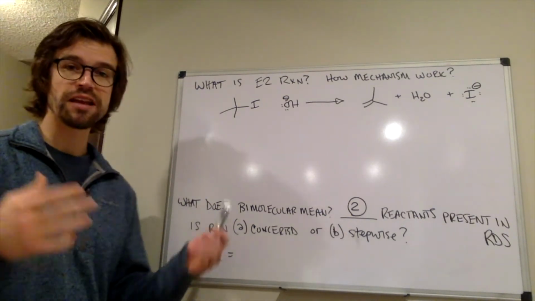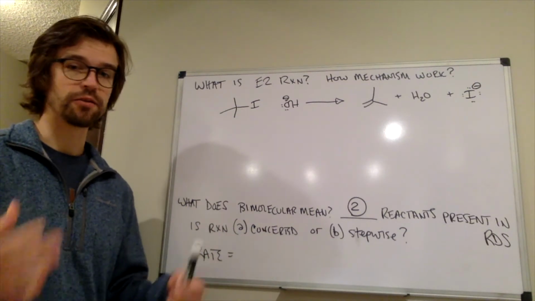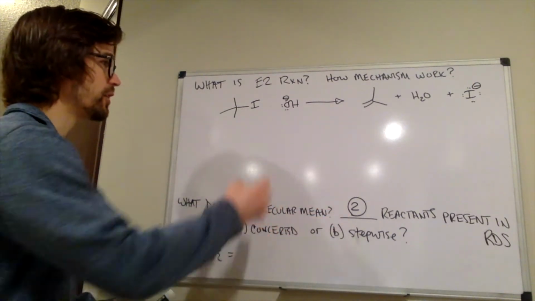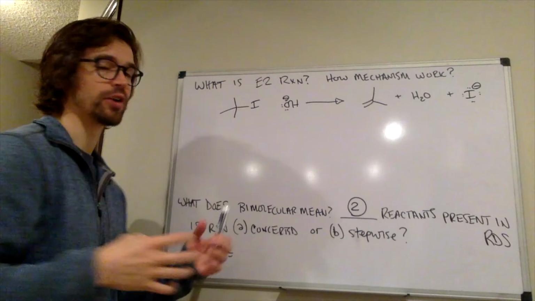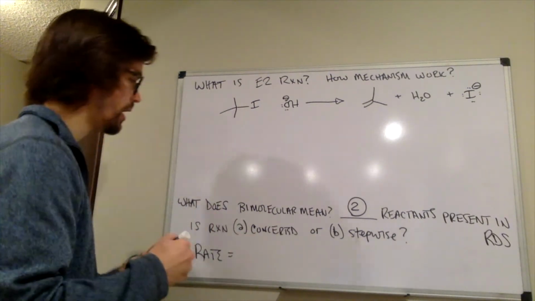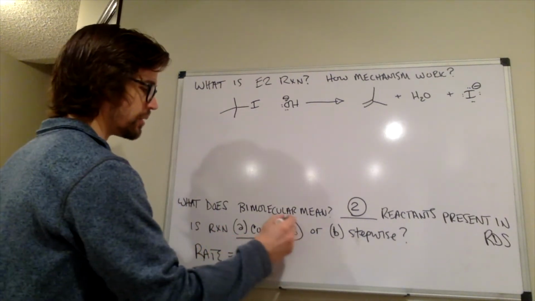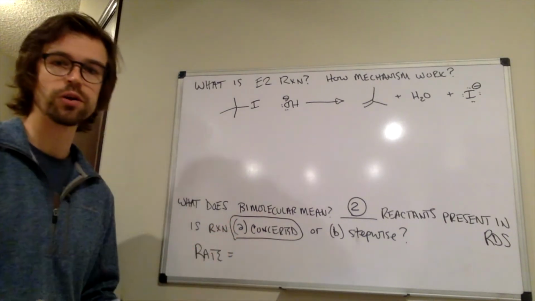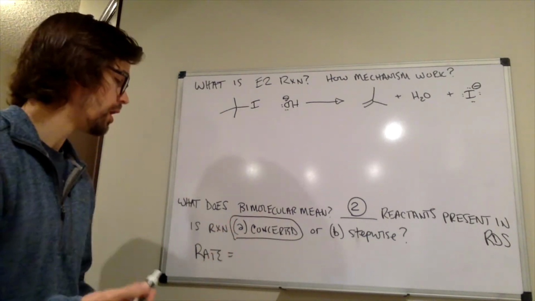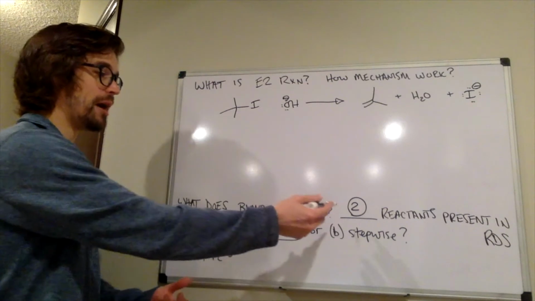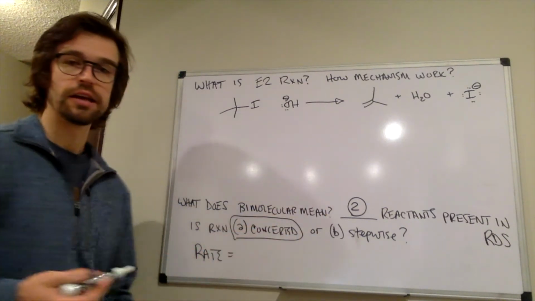Having both reactants present in the rate determining step, we know it's bimolecular, which means that this and this are reacting at the same time together. That would mean that it has to be a concerted mechanism, just like an SN2 was a concerted mechanism. What about bimolecularity and the impact on the rate?